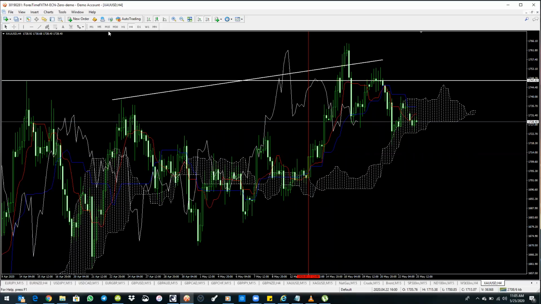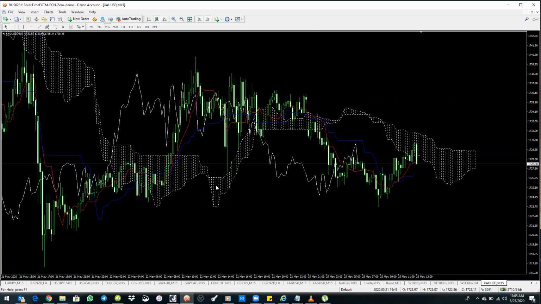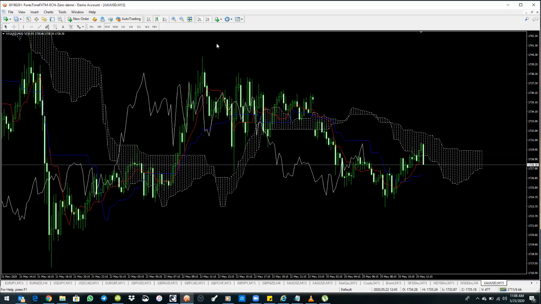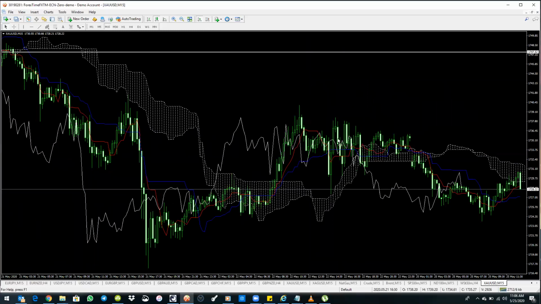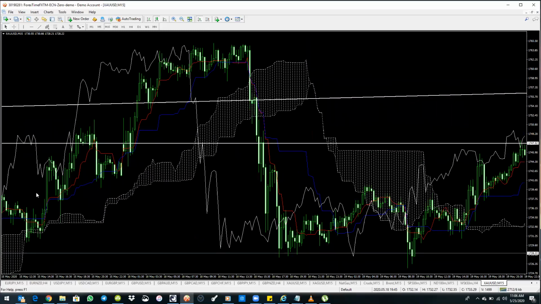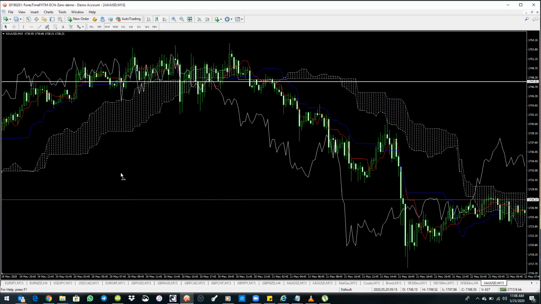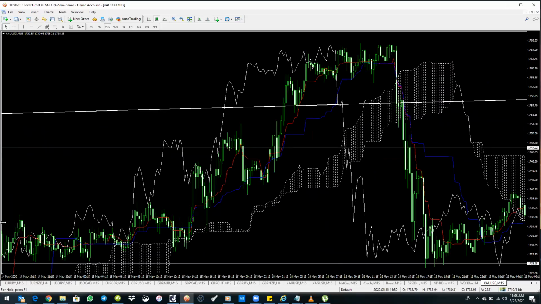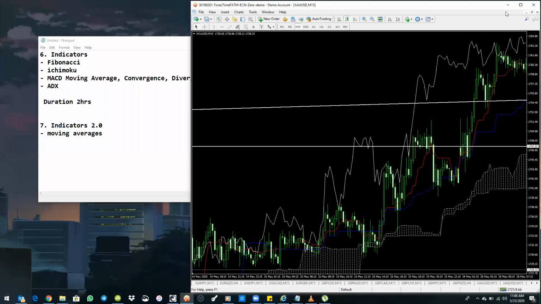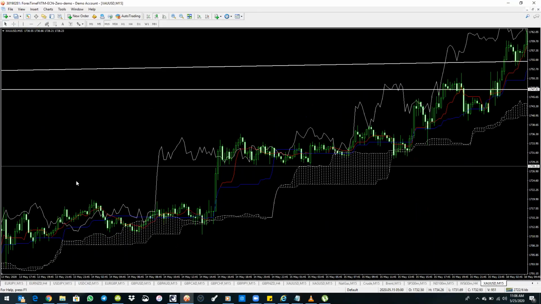So we can go to a lower time frame. I usually like to use 15 minutes. We go to a lower time frame of 15 minutes. Let's go back to where we had that bullish close on 4 hours.